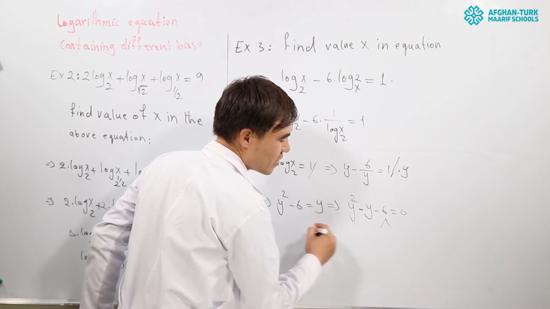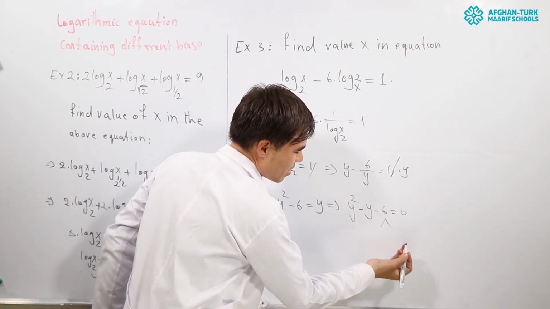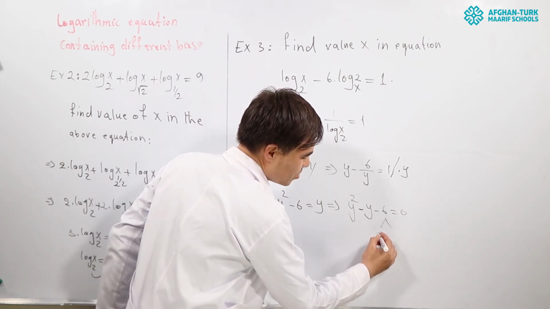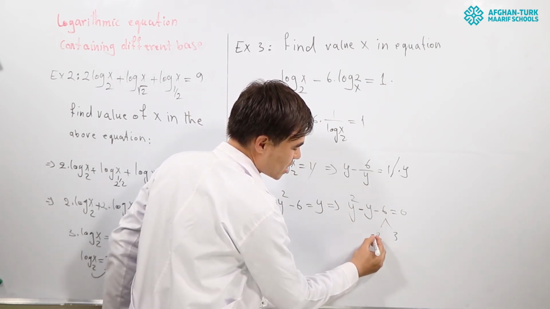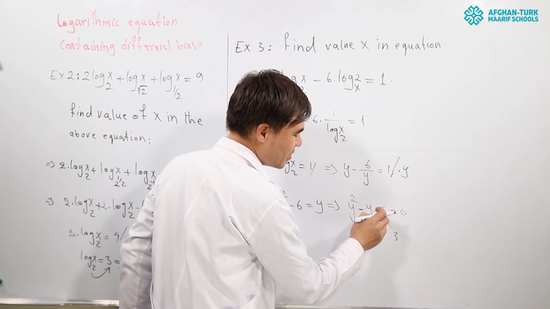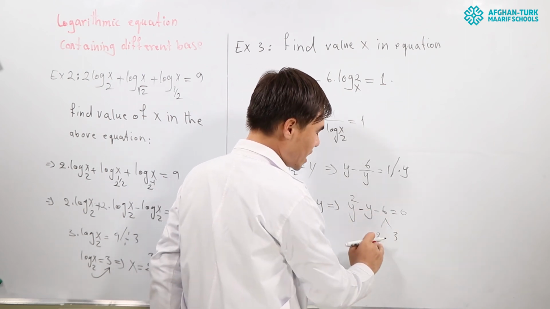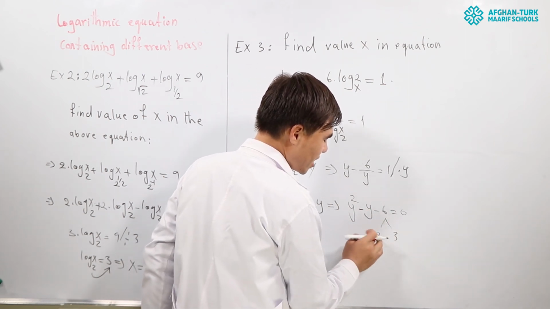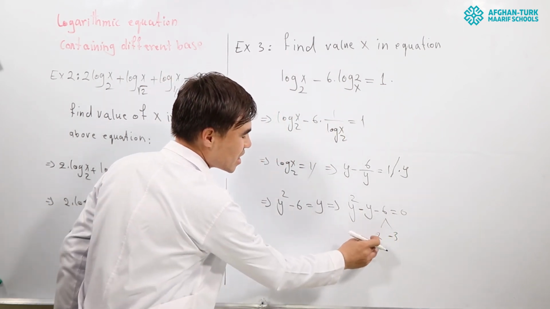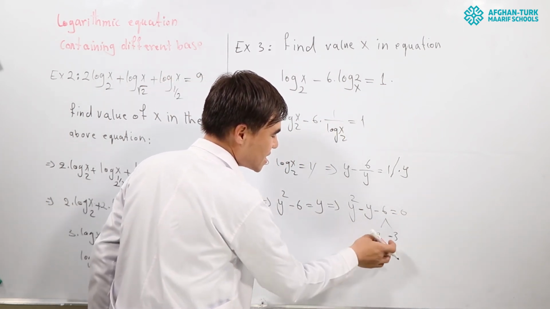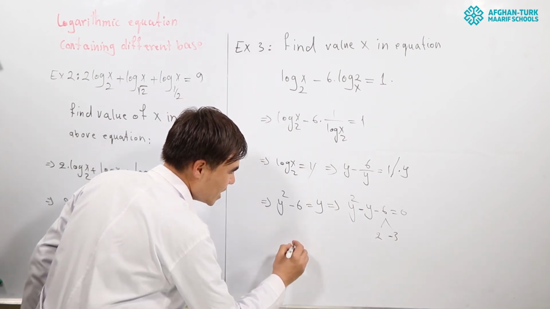we will have two numbers. For example, 2 times 3. When I select negative 2 times 3 it will be negative 6, and I must select the 3 with the negative sign. Then negative 3 times 2 will be negative 6, and the sum of them will be negative 1.